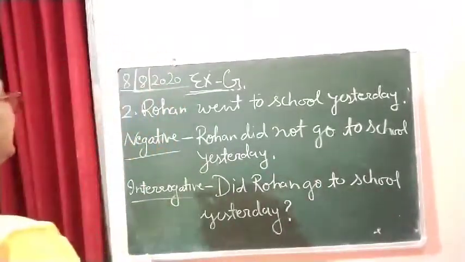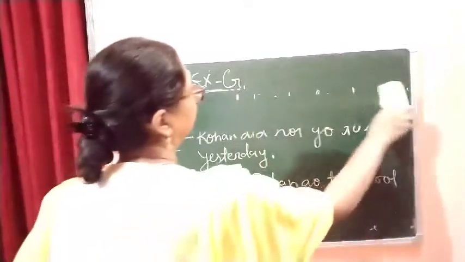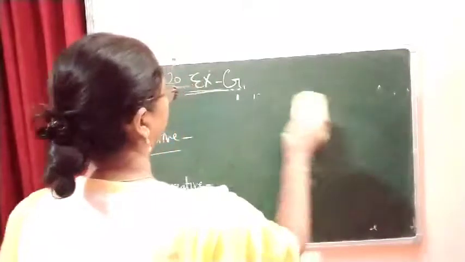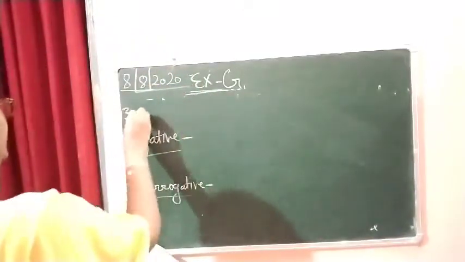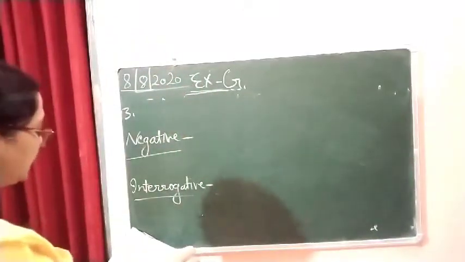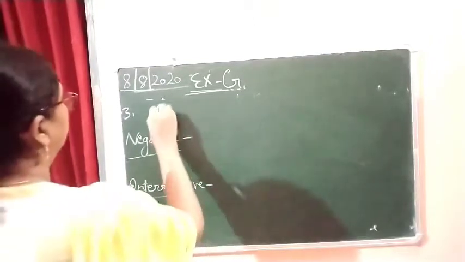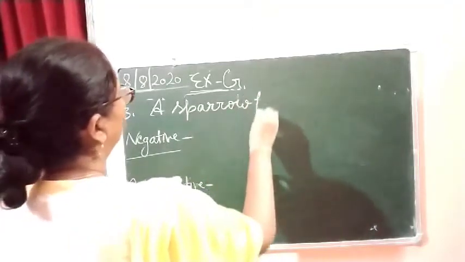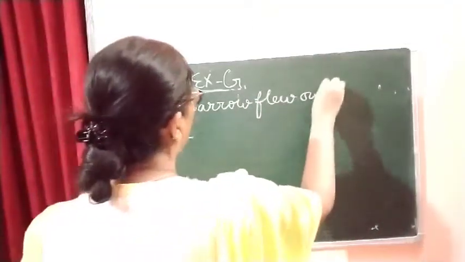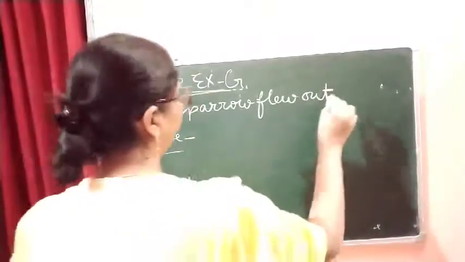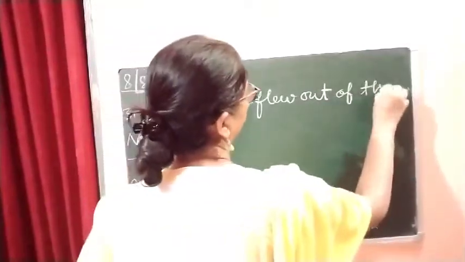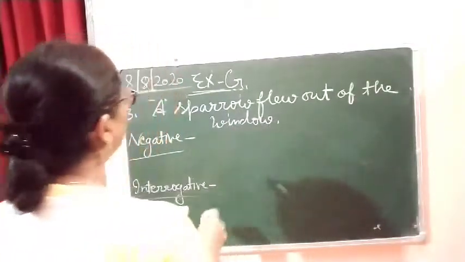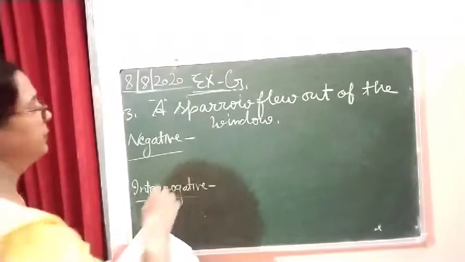Now we are moving to third number. Third number, a sparrow flew out of the window. Now we are going to write it in negative.